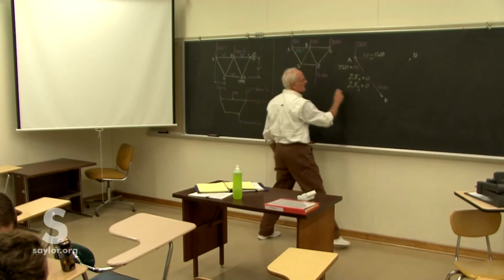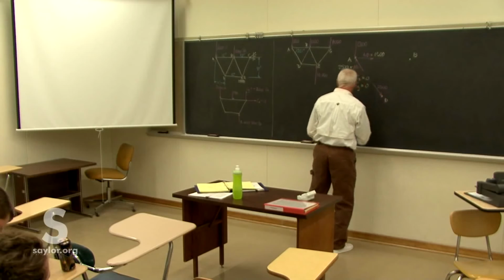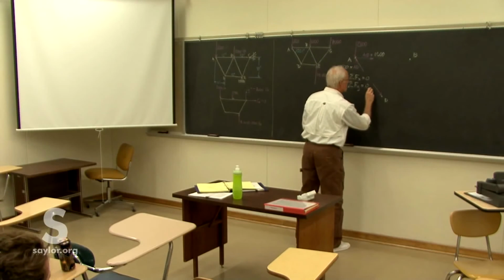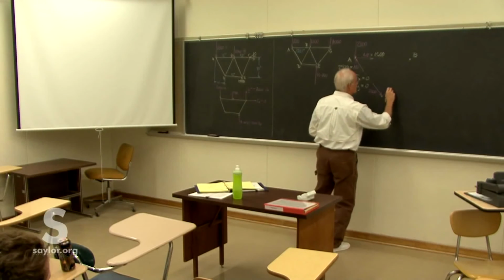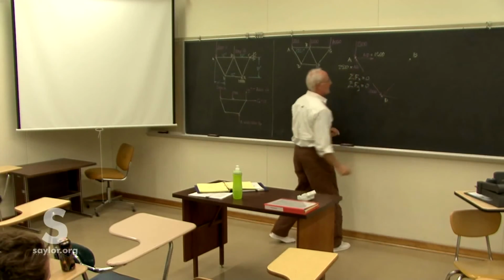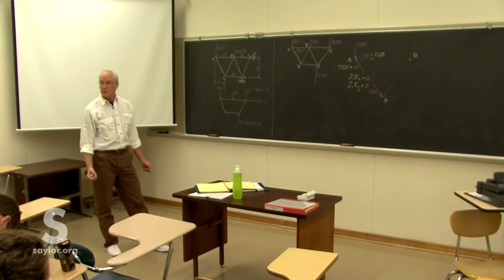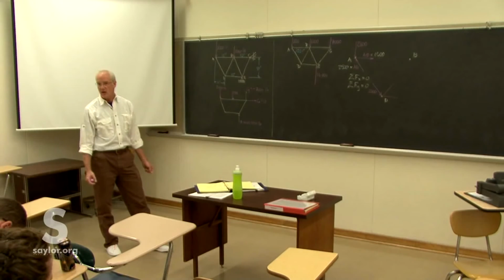A couple other forces, maybe we know their direction, maybe we don't. Let me move this so it's not conflicting with the other ones we've got here. Do we know what direction those are? We know what angle they are. Do we know what direction they're pointing? If not, we'll just guess.